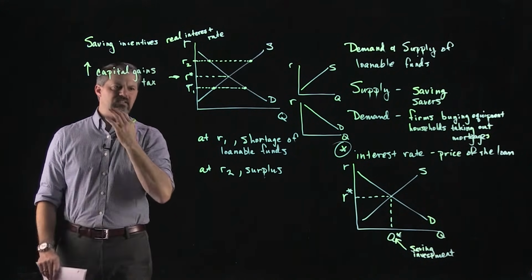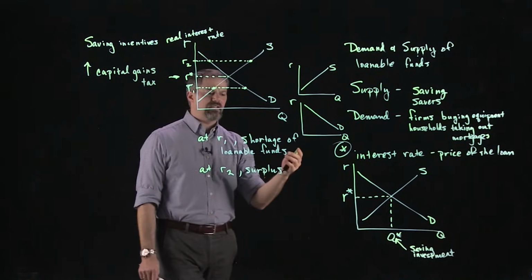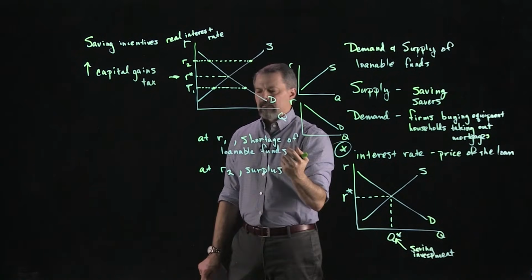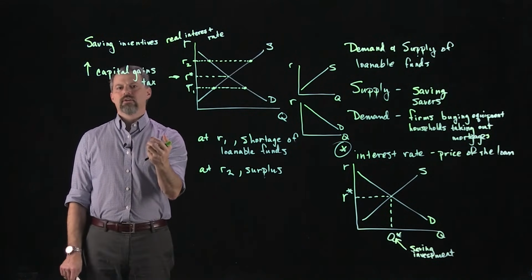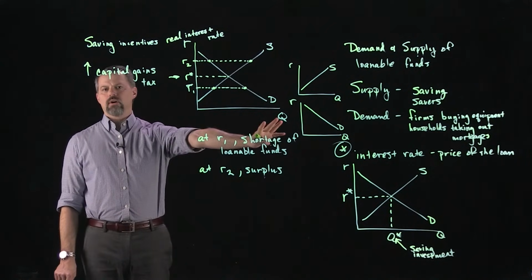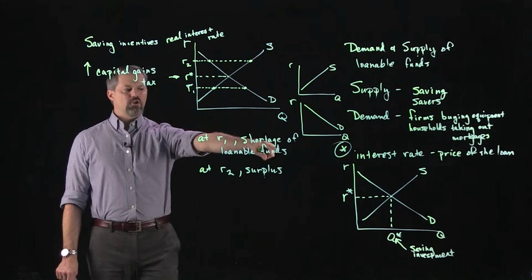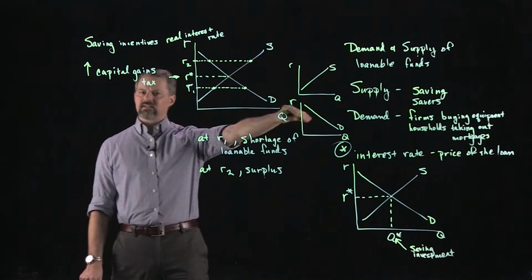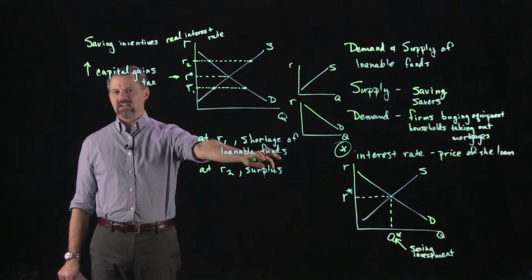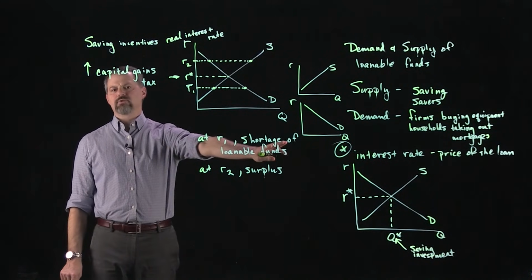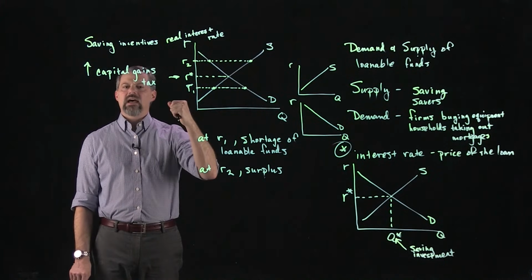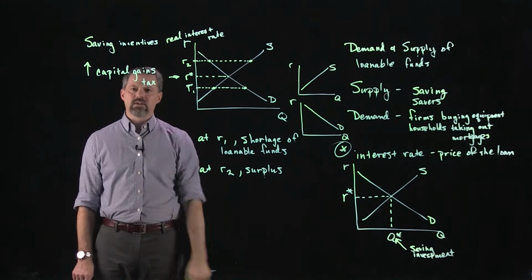So the capital gains tax, capital gains is what we call the dollars that you earn when you are earning money off of a stock or a bond or something like that. Let's think in this case about dollars that are lent. So the government's going to treat that interest income as taxable income.